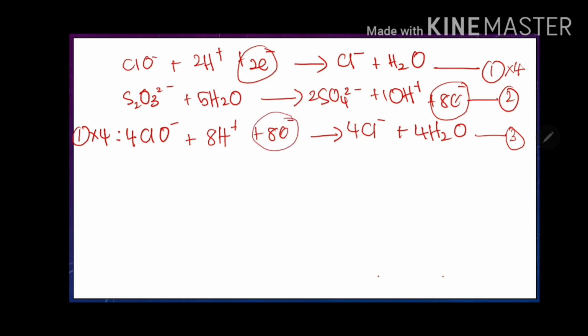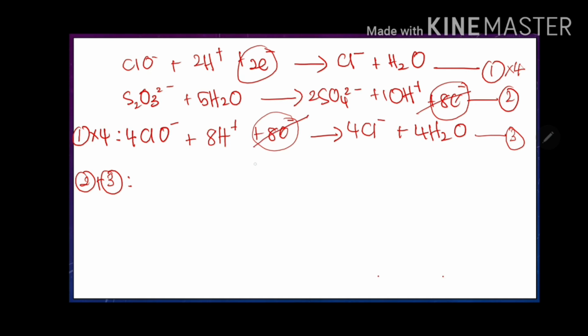So now combine these two equations, equation 2 plus the new equation, equation 3. Now you can cancel out the electrons.